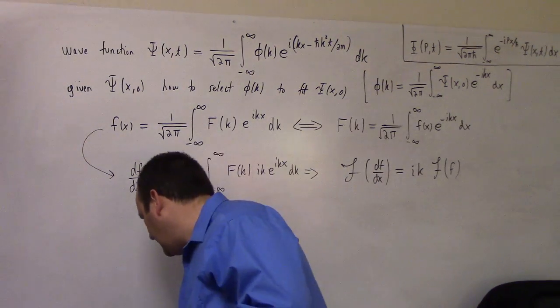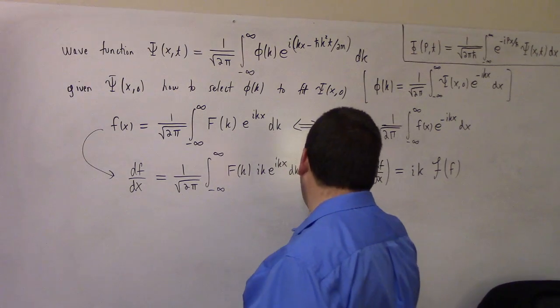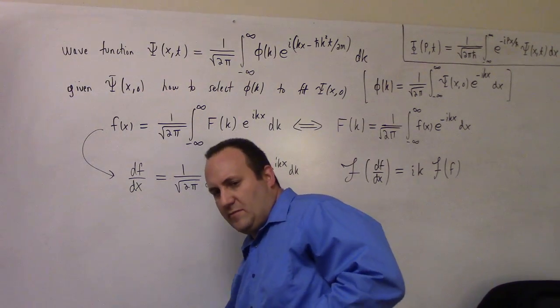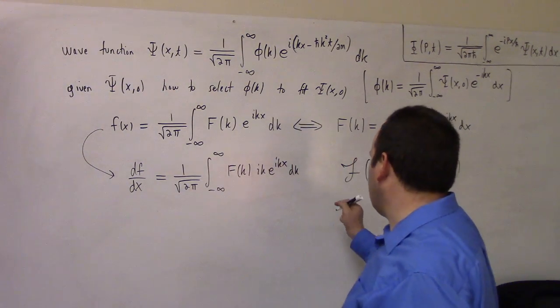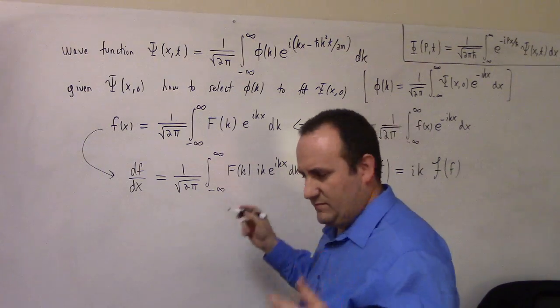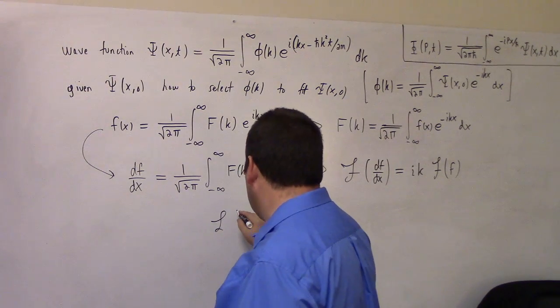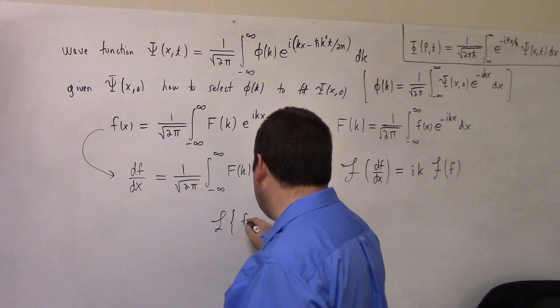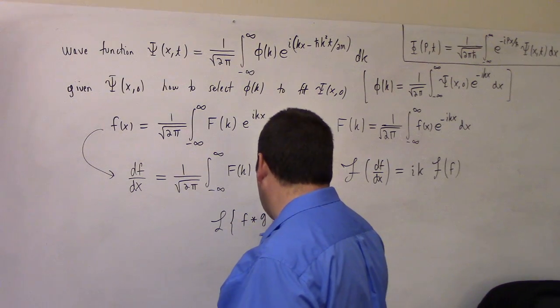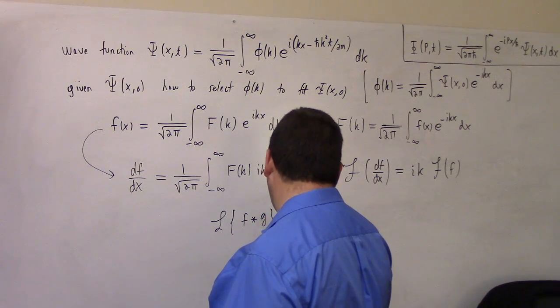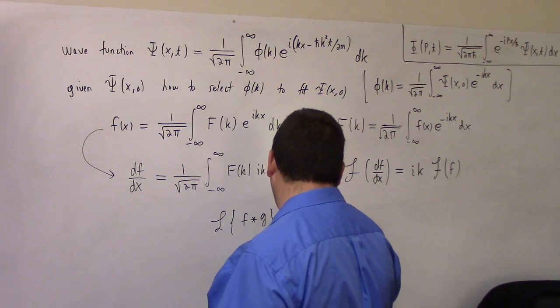But well, tell you what, let's think about that again when I state the convolution theorem, right? The Laplace transform of the convolution is the product of the Laplace transforms.